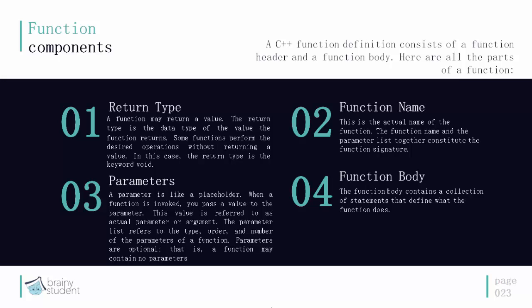Parameters are optional, that is, a function may contain no parameters. Basically, your parameter or argument is a placeholder which we use for the function. If we want to pass any piece of data into a function, we need this parameter.